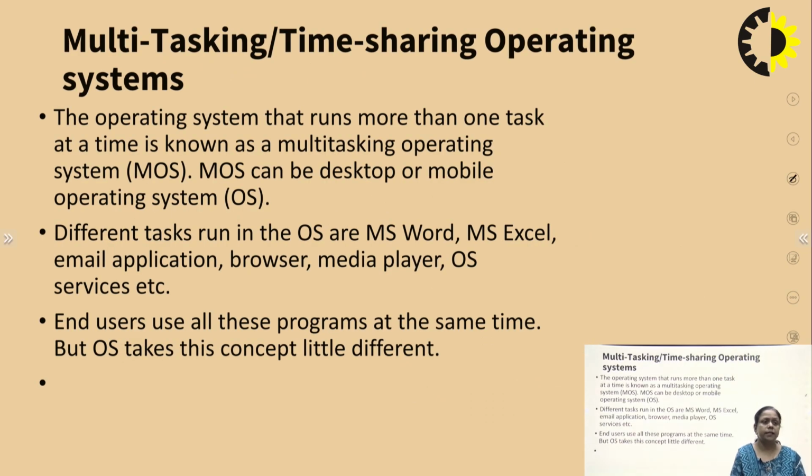Now, multitasking and time sharing operating system. The operating system that runs more than one task at a time is known as a multitasking system. It can be a desktop or mobile operating system. Different tasks run in the OS, such as MS Word, MS Excel, email application, browser, media player, and OS services.